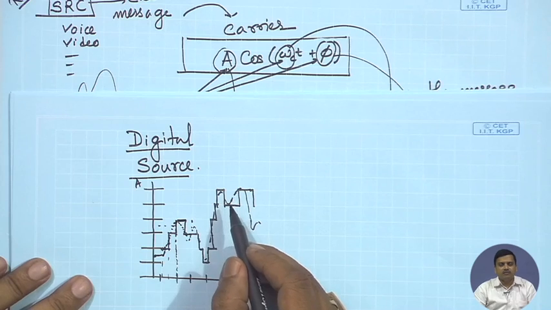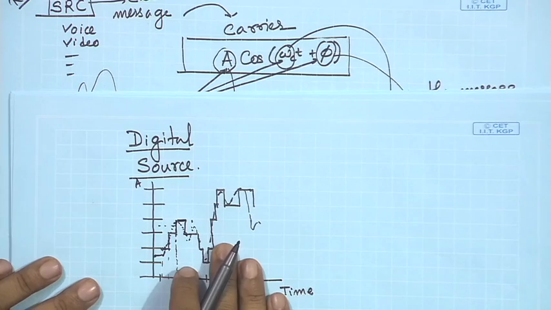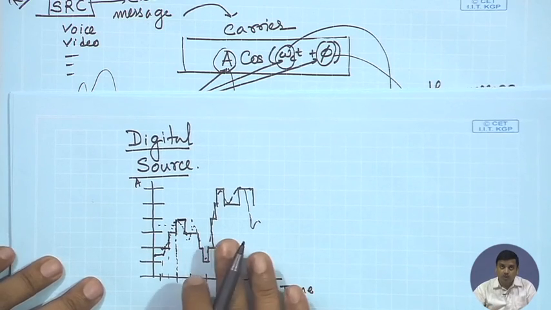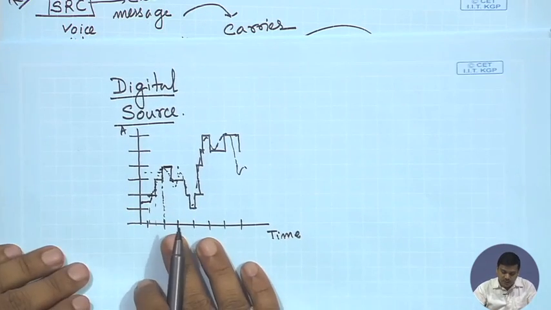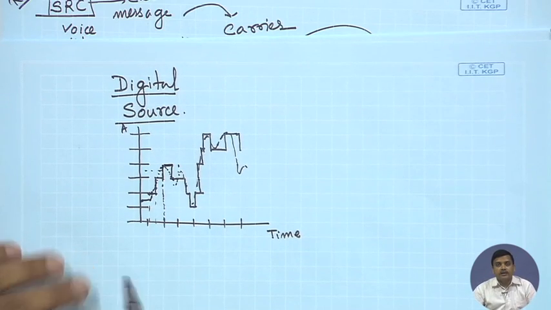Now there are several advantages of going digital, and the advantages will become clear as we progress into this particular domain. But this is one way of differentiating between the analog signal and a digital signal. Now, when do we have digital sources? Very simple situation. If you are thinking of sending an image, today you usually use a camera which is digital.